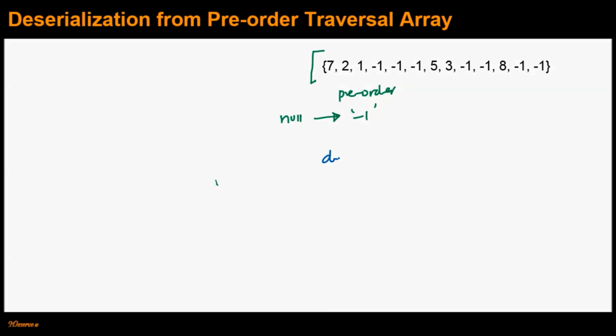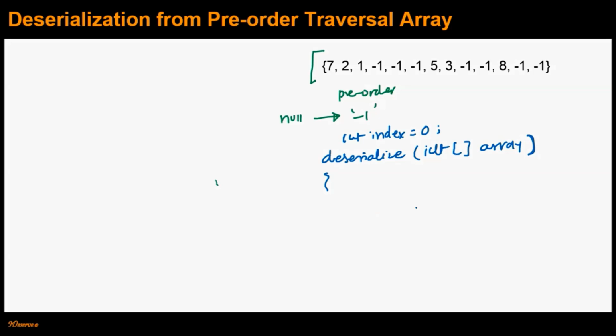So for the deserialize subroutine, the input is this array, which is the serialized form of the original binary tree, right? We start looking at the elements of the input array starting from index 0. So this index we are going to use for looking at the input array, which is initialized to 0.